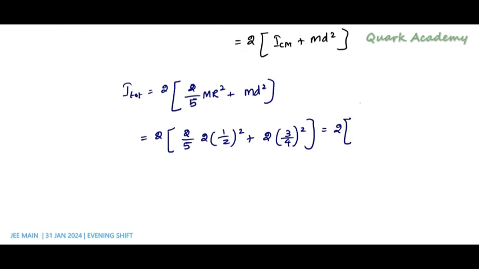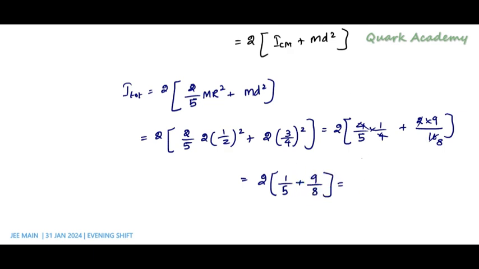So this will become 4/5 into 1/4 plus 2 into 9/16. So 4, this will become 8. So it is equal to 2 into (1/5 plus 9/8).